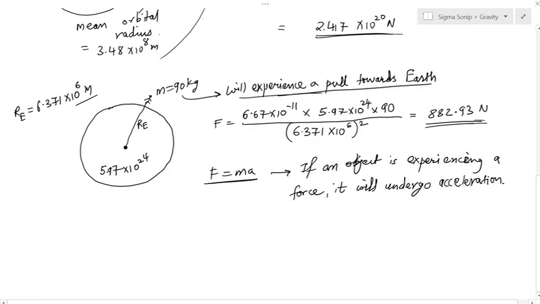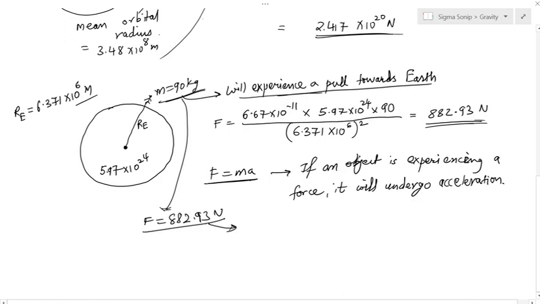So I'm looking at this man here. The mass is 90 kilogram. If I look at this person, it is experiencing a force of 882.93 towards the center of the Earth. So obviously there must be some acceleration as well of this person. If you think a little bit, this is the acceleration. What acceleration is this?